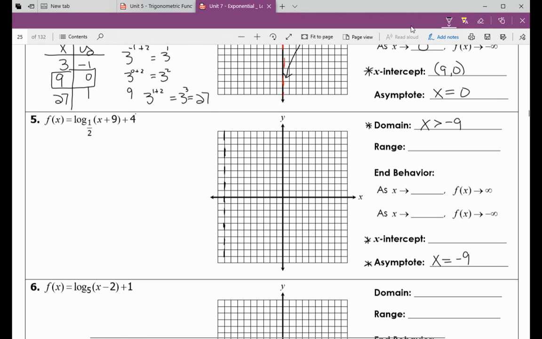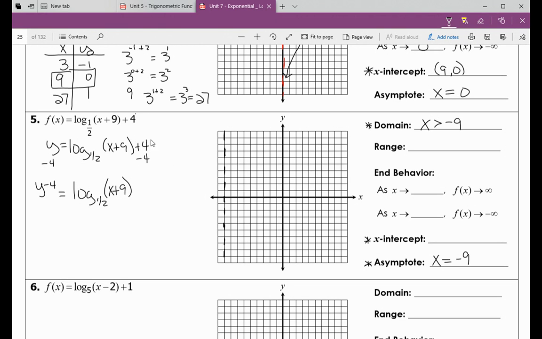So I'm going to start with y equals log of 1/2 times x plus 9, plus 4. The first thing I'm going to do is subtract 4. So I get y minus 4 equals log of 1/2 times x plus 9.